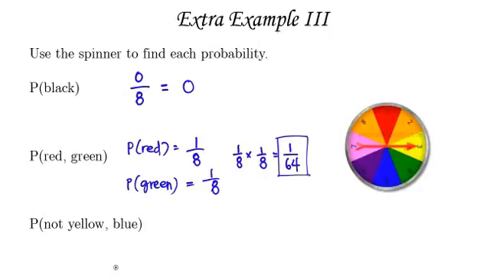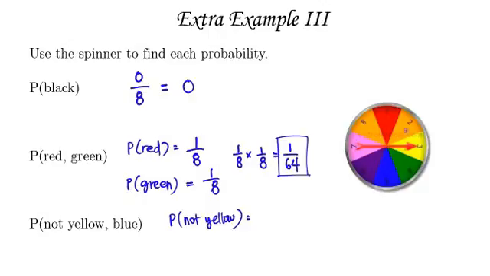The next one, the probability of landing on any color that's not yellow, and then for the second spin, landing on blue. So probability of not yellow. How many are not yellow? There's 8.